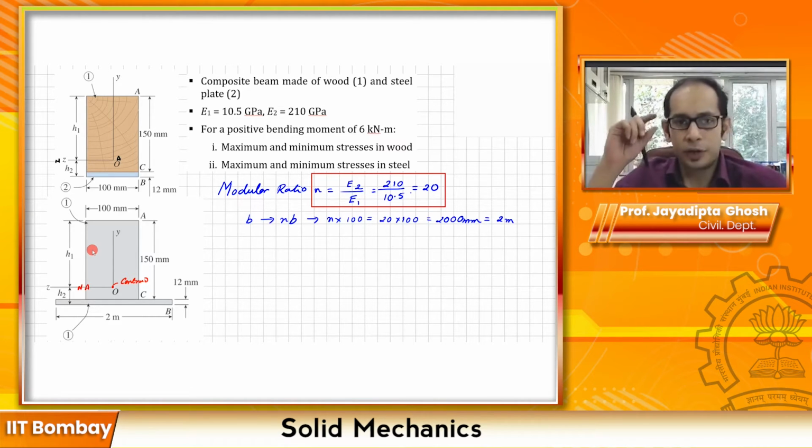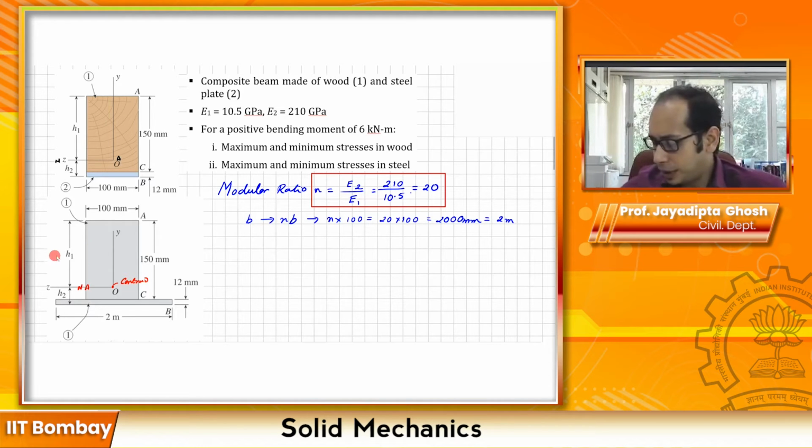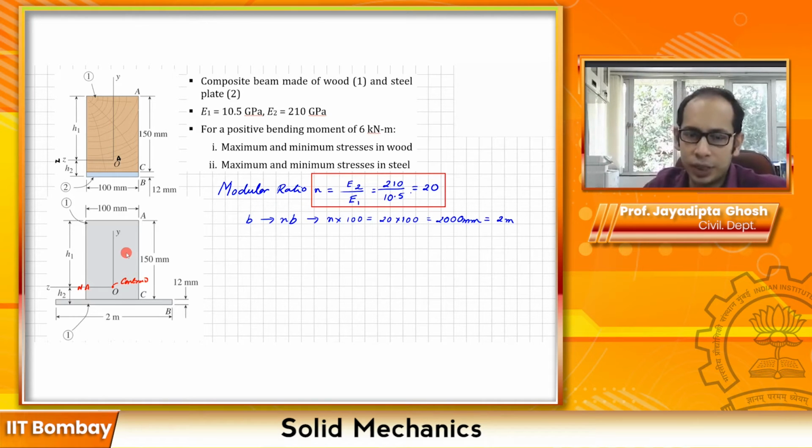So for this we have to calculate h1 and h2 for the transformed section, which is fairly simple, and I'm not going to write out the different equations for that. You just have to take the moments of the areas about the bottom or the top or wherever you want, to calculate h1 and h2. The h1 and h2 I've computed already.